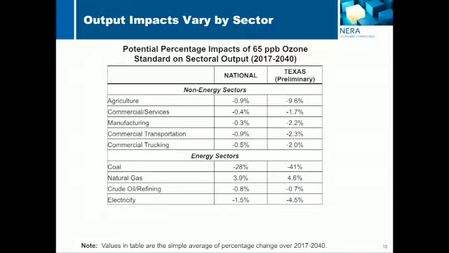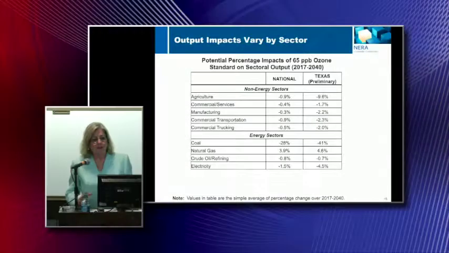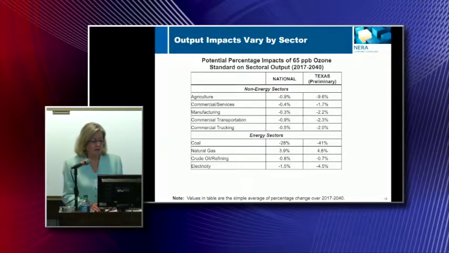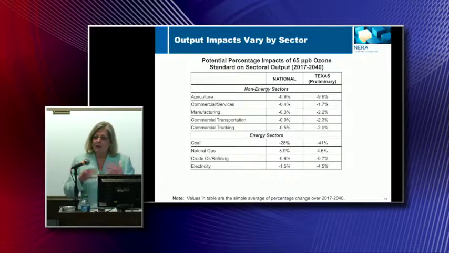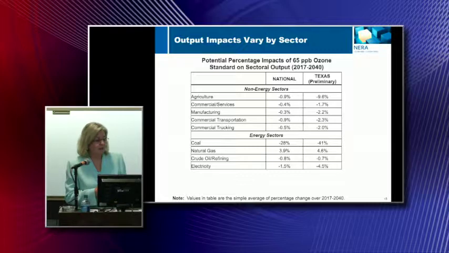There are a lot of costs going into the manufacturing sector, and a lot of costs going into the electricity sector, but there are going to be needs to reduce emissions across many sectors of the economy, and so you actually don't see much focal point of the impact on output in any particular sector other than coal. And we've talked about the reason for coal. That's just the electricity sector having to shift out of coal in order to get cost-effective reductions.